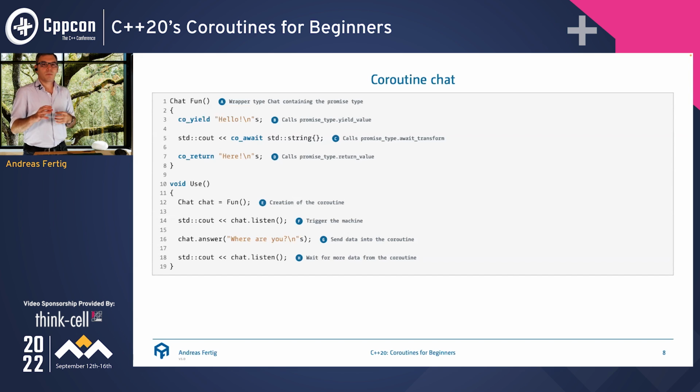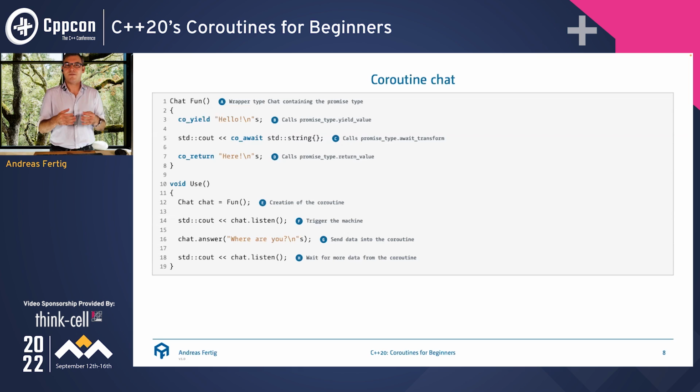And then my co_yield here yields a std::string. That means it reaches inside a promise type, which we'll see next, and calls a function there, yield_value. So we have a transformation here from the code we see to what the compiler does behind our backs. And then in line number 5, the co_await does the same thing. It reaches into the promise type for a function called await_transform, waiting for a result.